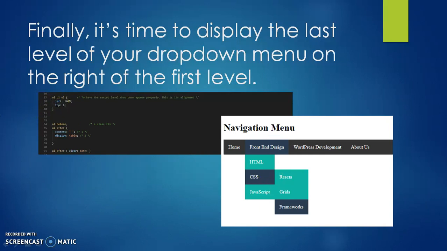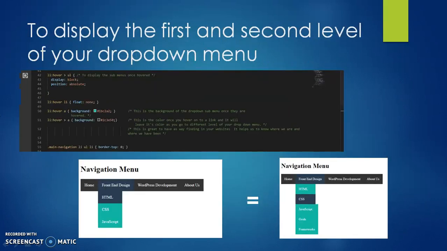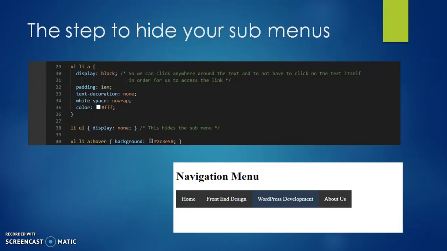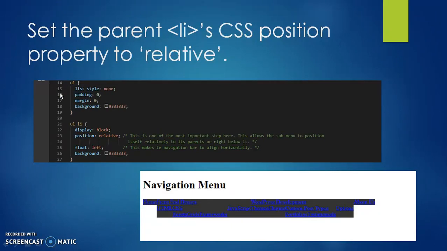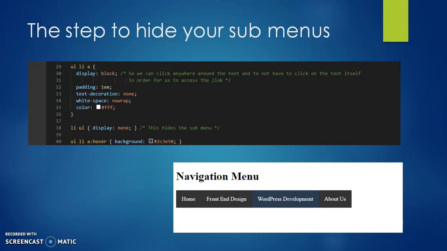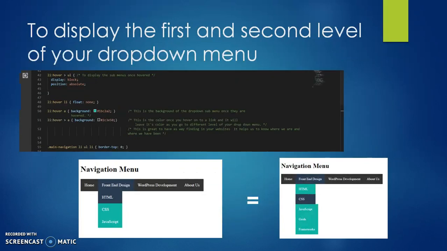Basically that's it. Just a quick recap. The first thing is to write our HTML using nesting. We make our drop down however many levels we want. Then we set the parent list to have a position of relative, which is the main nav bar, and then we hide it, and then we make it appear once we hover over it, so we have a lot of hover options here.